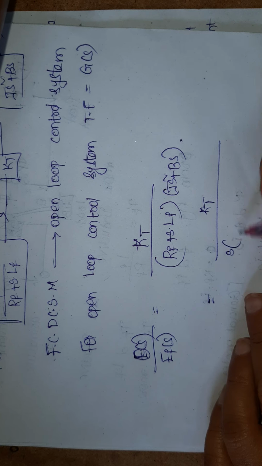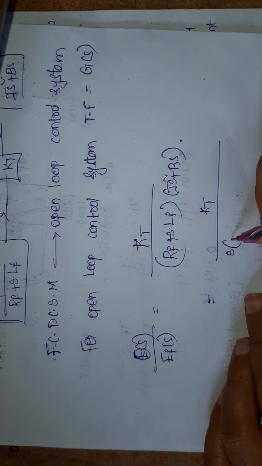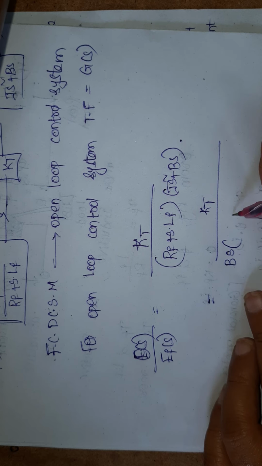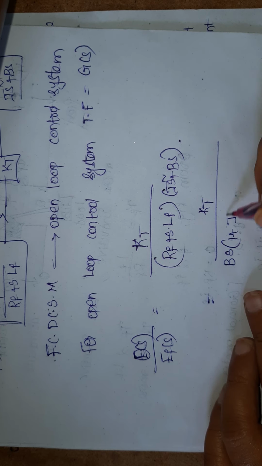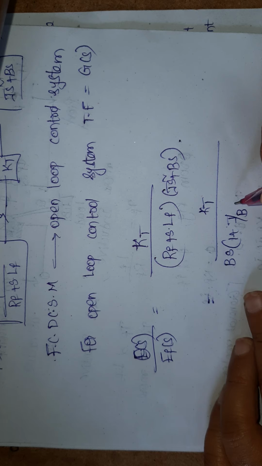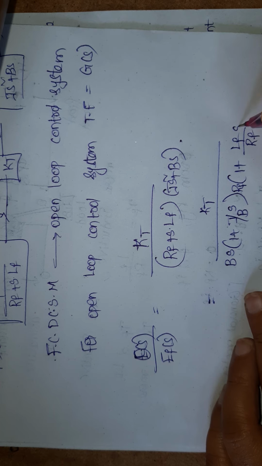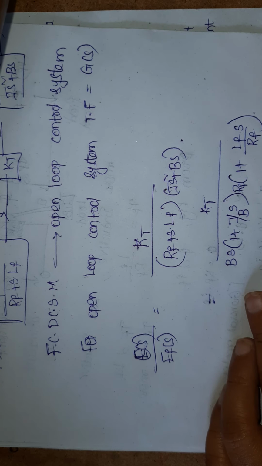I will take Bs common, then I will get 1 plus J by B into s. If I take RF common, I get 1 plus LF by RF into s.